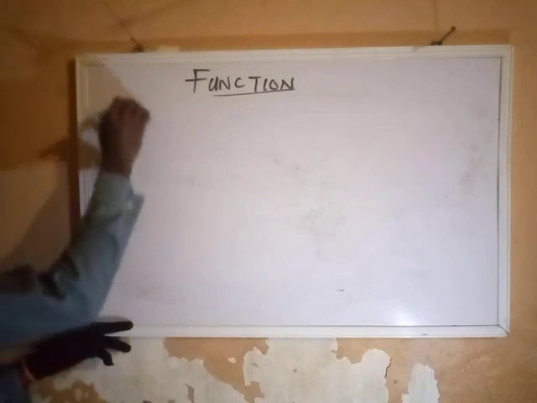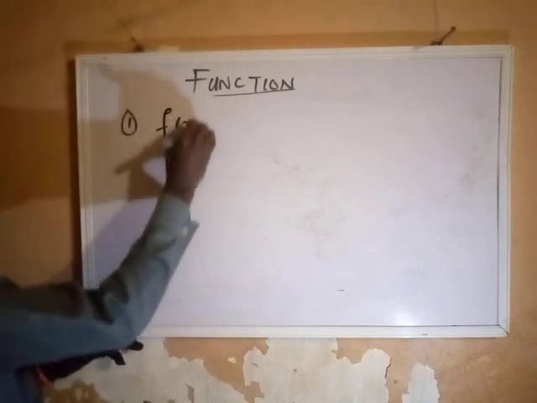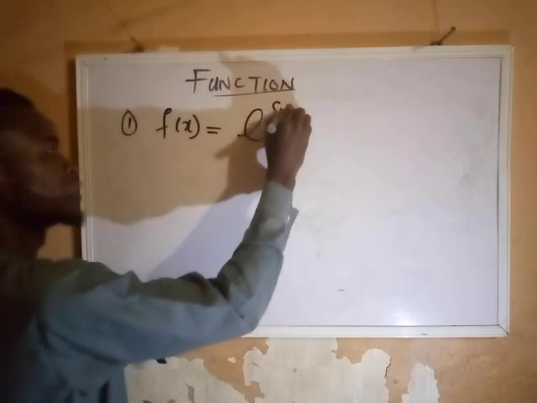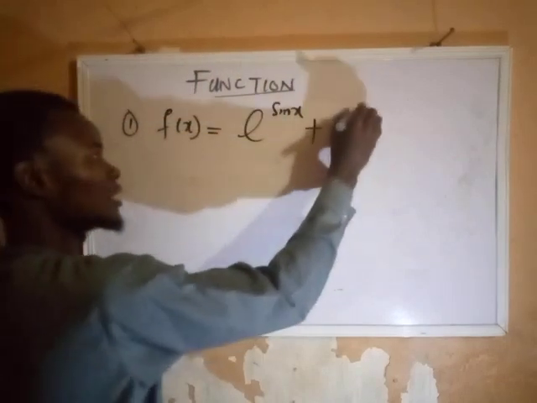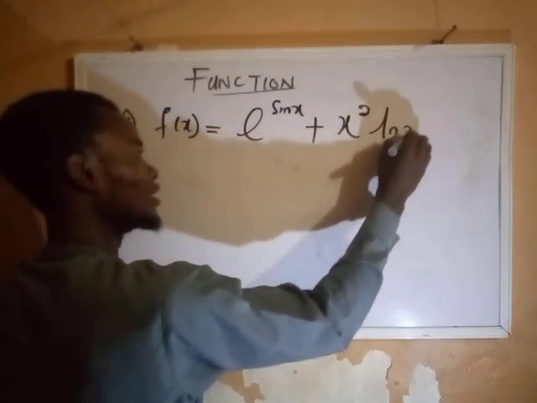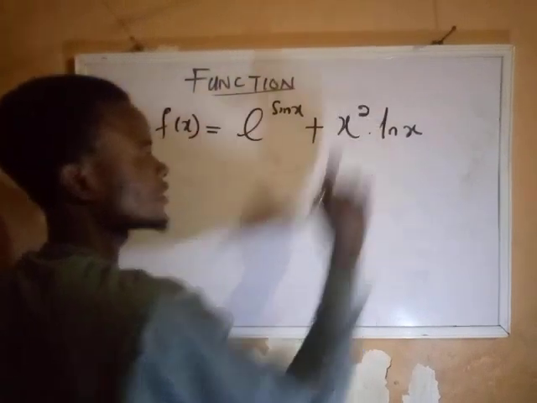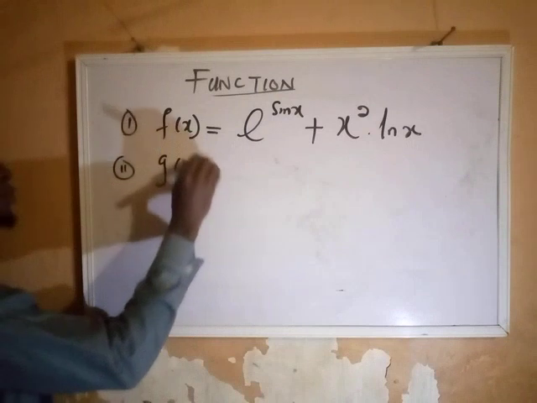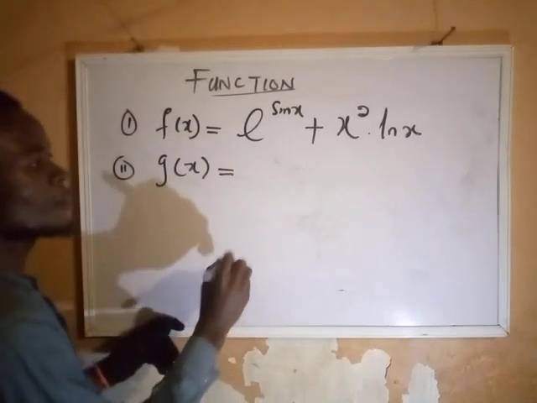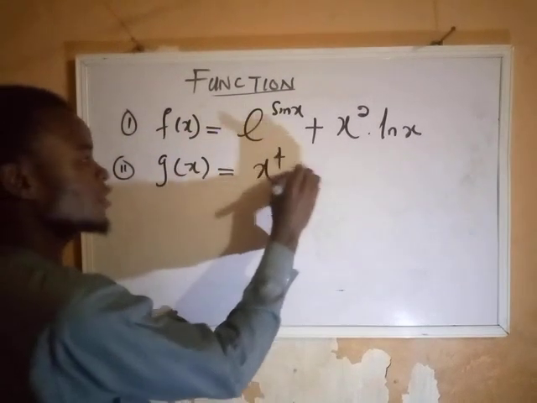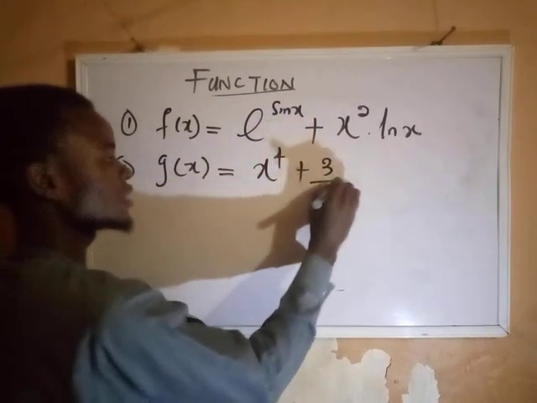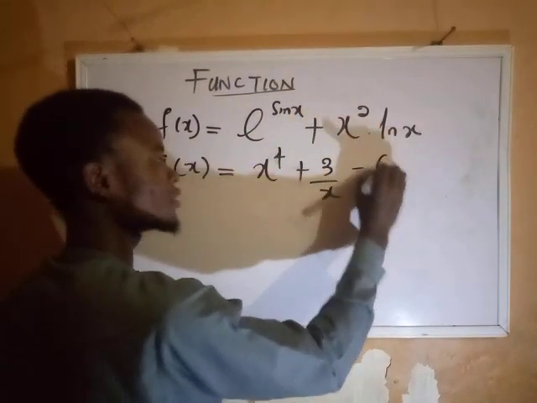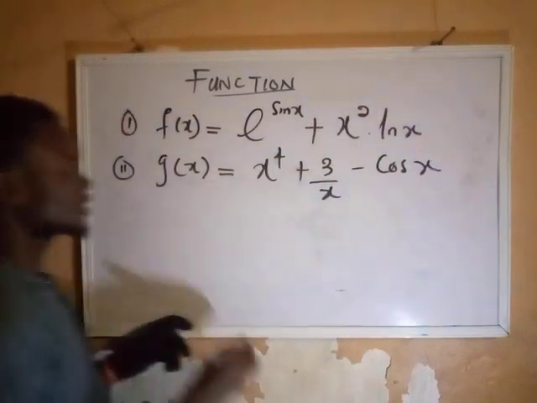Identify all of these. Number 1, suppose we have f of x equals exponential of sine x plus x squared ln x. Number 2, if you have g of x equals x raised to the power 4 plus 3 over x minus cos x.